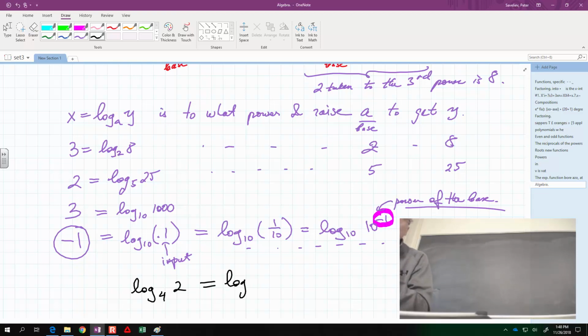What's the relation between 2 and 4? Yes, it is square. 2 is the square root of 4, right? And now if I want to represent the square root of 4 as a power, what is it? It will be 1/2. So it is 4 to the power of 1/2, which means that is the answer.